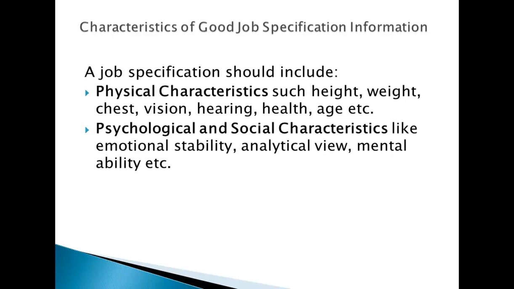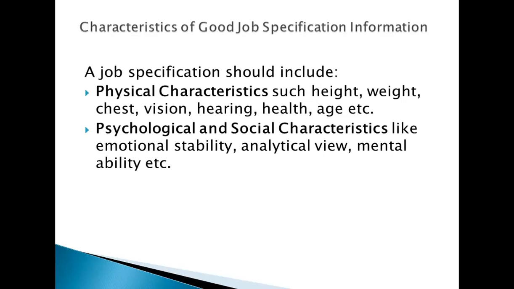So age specification is there in military, in police. You might have seen certain age specifications for jobs. Hearing, height, in police service, in defense service, height and weight will be clearly specified. So these are the physical characteristics of job specification.